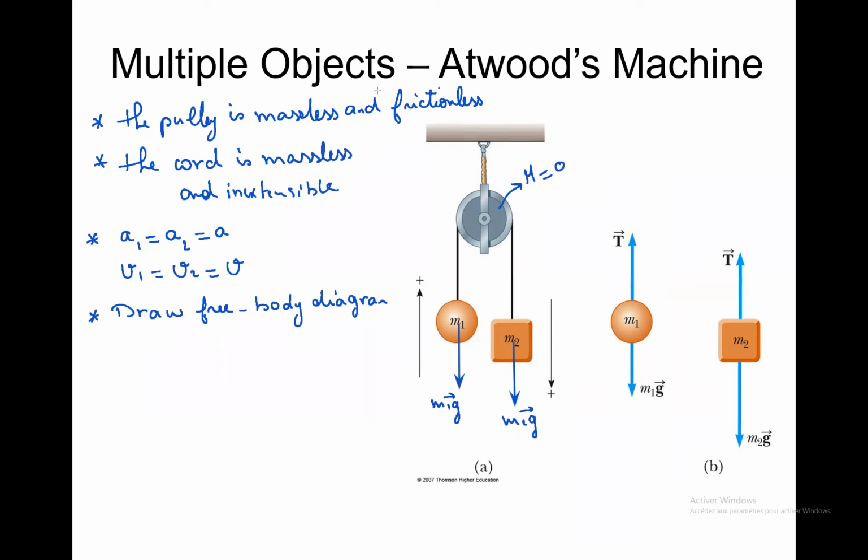For the cord on the left side, here we have a tension T. For the same cord, as we said before, we have the same T. And here we have T prime and T prime for the same cord.